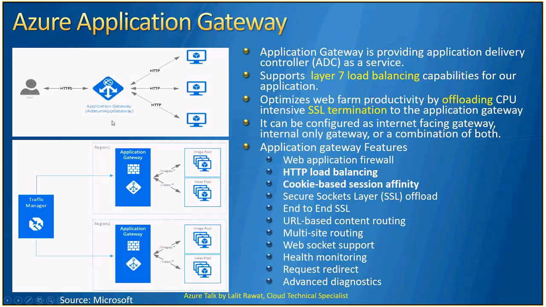So how will this application gateway work? Suppose you have an external user connecting through HTTPS to the application gateway, and you have 3 servers already configured behind it. The user sends the request to the application gateway, and based on your rules, firewall, and the port or IP address you are allowing, it will route your traffic to those 3 servers.